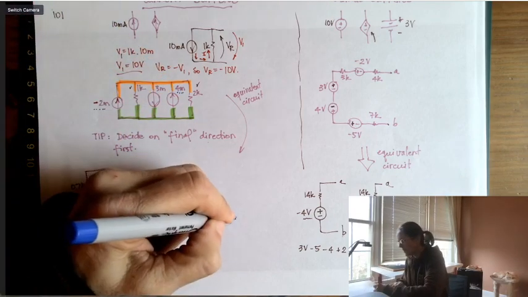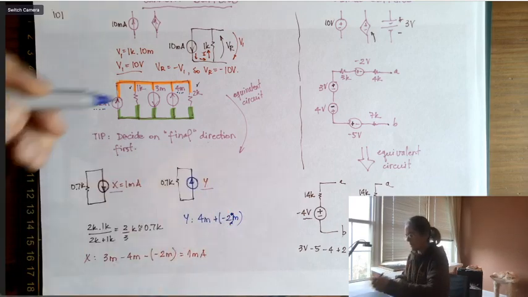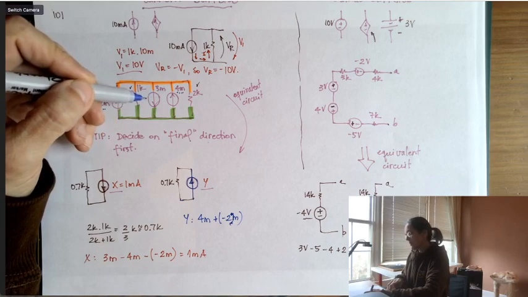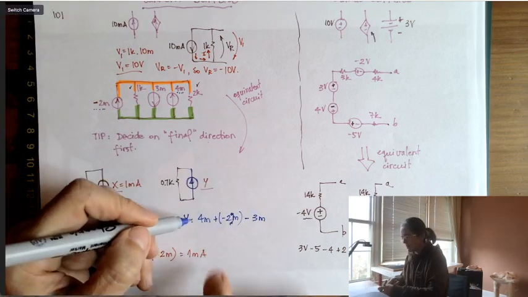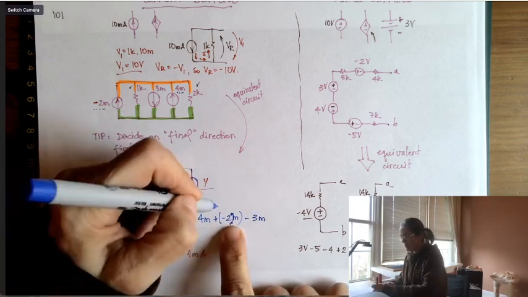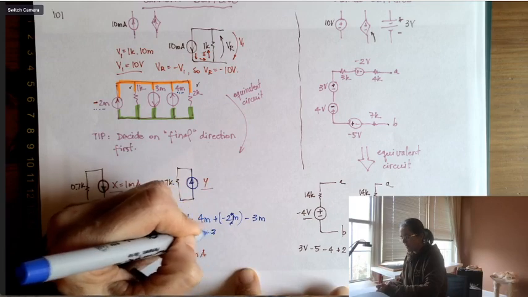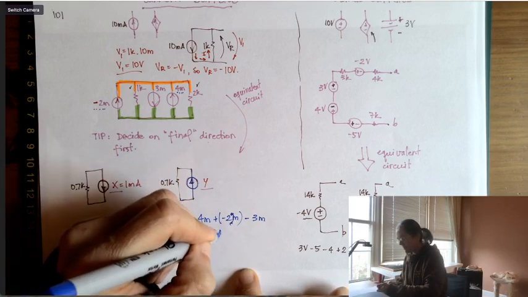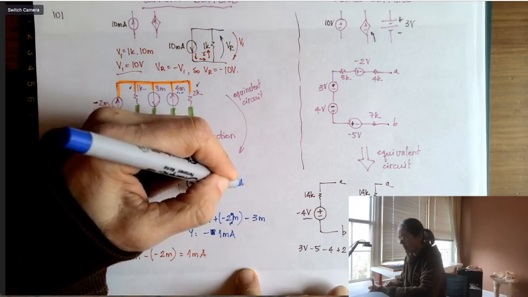Oh, minus 2 milli. Don't make this mistake on the exam. Leave the milli there. And the 3 is the opposite direction, so I'm going to say minus, and then I copy the 3 milli. So 4 minus 2 is 2, minus 3, oopsies, minus 1. Okay, it's not working for me here. Y is minus 1 milliamp, like we had said.